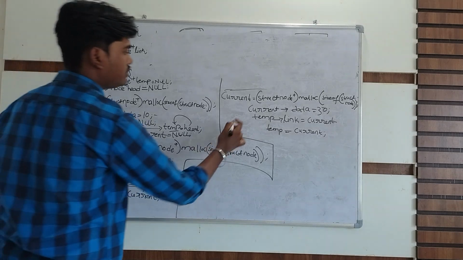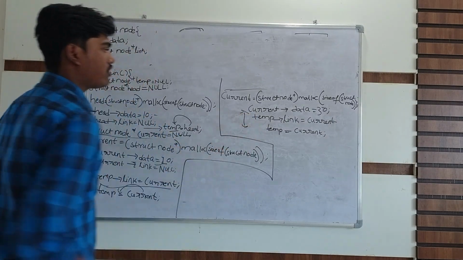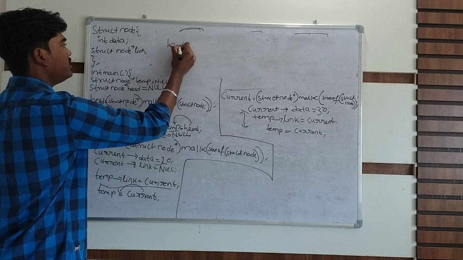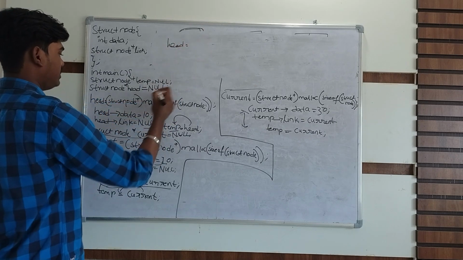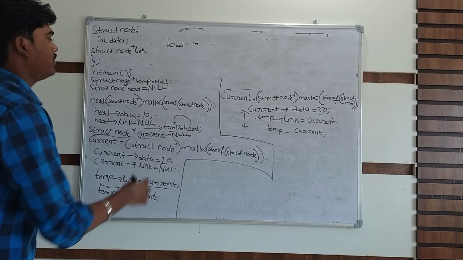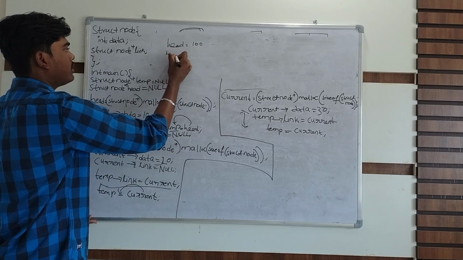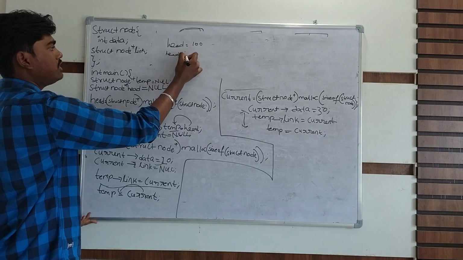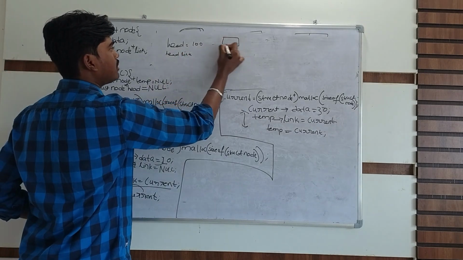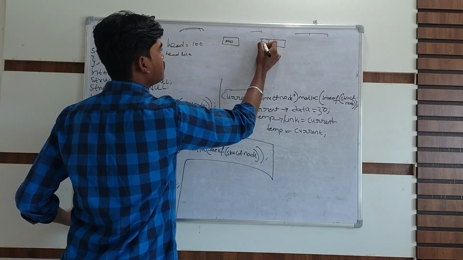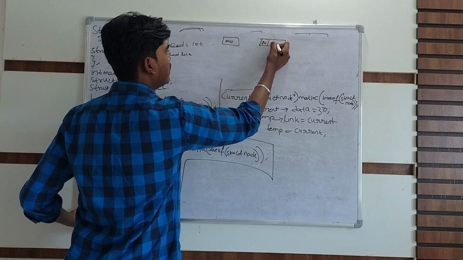Instead of writing these two statements, we can write directly. Initially, head is 10, storing the address of the first node. Head is 100, linking to 10 and 200.